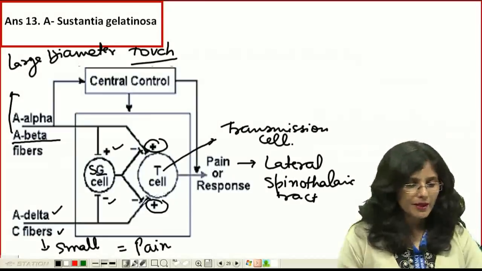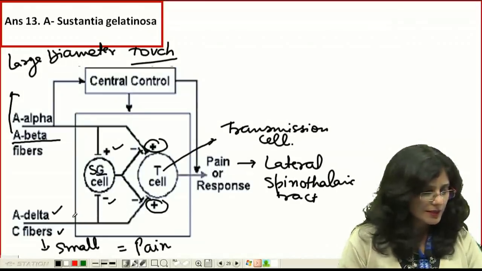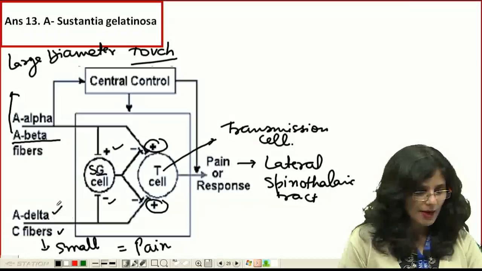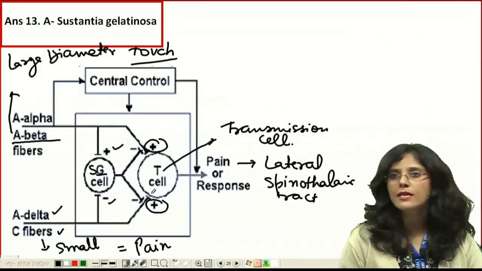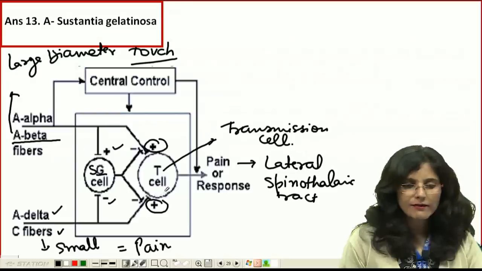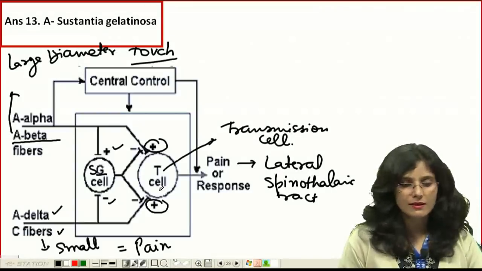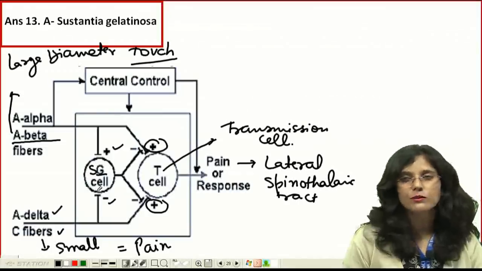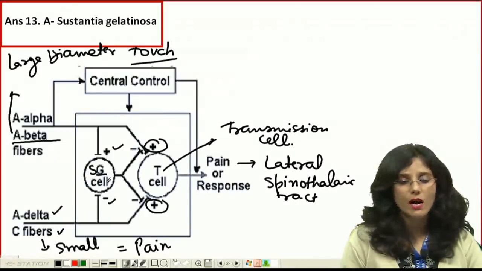But when there is a stimulation of the T cell by the A delta fiber or C fiber, they stimulate the T cell, and this activation increases by positive feedback through the substantia gelatinosa. How?